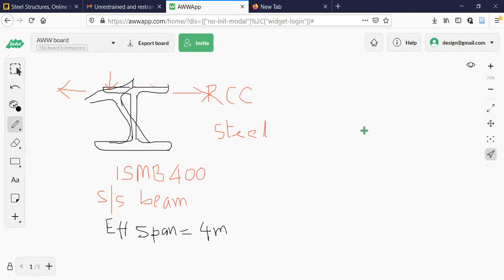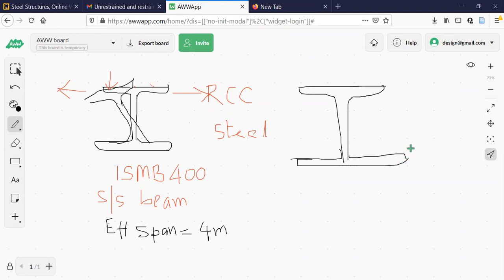Let us not get too much into that, because our focus is how to solve a simple problem in the 6th semester. Still, see this one. Now, laterally restrained: in order to understand this, don't think too much about it. Only imagine that the compression flange is inside concrete. This is a slab here, and this is the thickness of the slab.